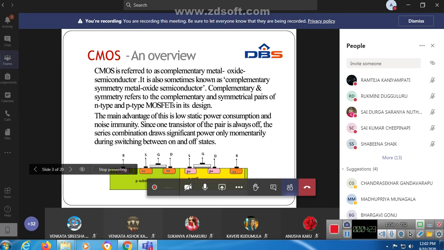What is system design? System design is the process of implementing a desired functionality by using a set of physical components, that is, the available physical components in the industry.